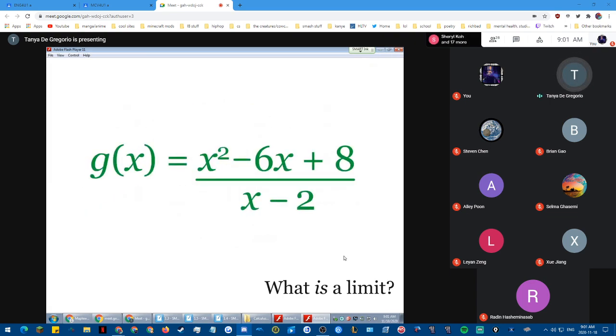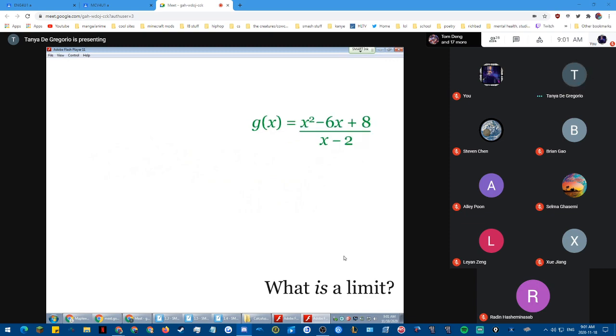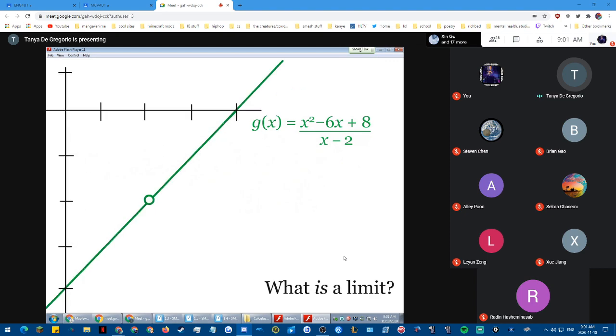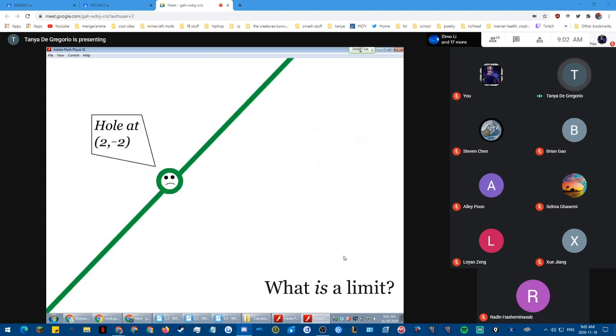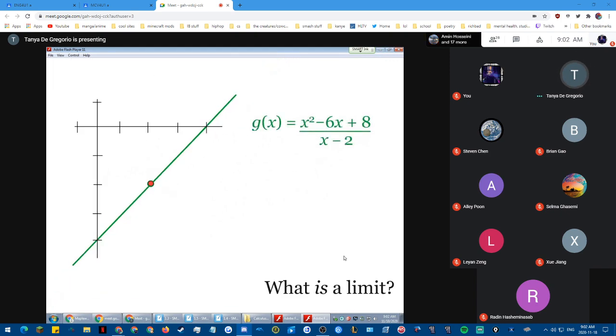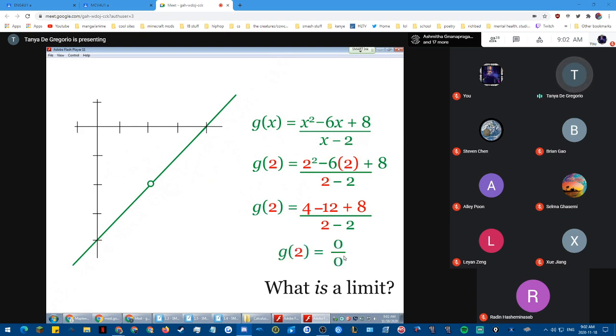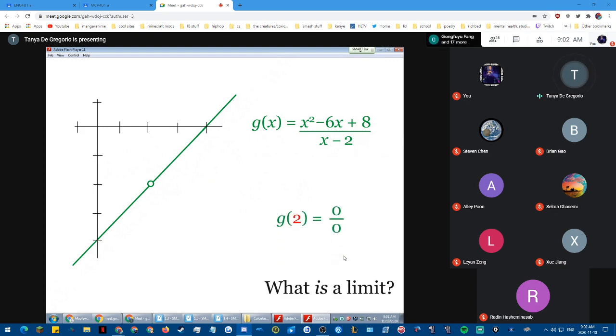G of x equals the fraction x squared minus 6x plus 8 divided by the quantity x minus 2. Here's what the graph looks like. It looks like a plain old line. Or does it? If we zoom in, you'll see that it has a hole in it at the coordinate 2, negative 2. The hole exists because plugging x equals 2 into the function results in 0 divided by 0. And we know that dividing by 0 is a very bad idea.